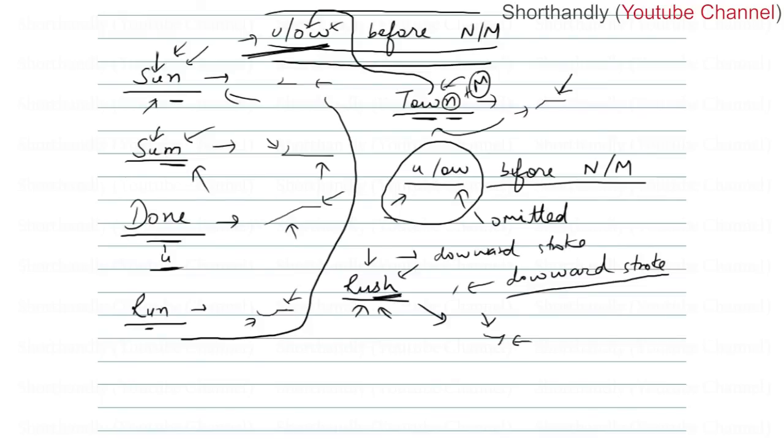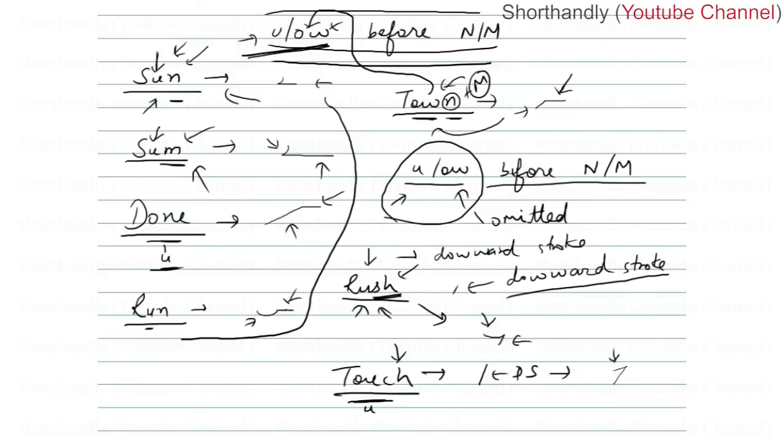Suppose we have another example called touch. If we pronounce it, it goes like touch. Now we have this sound again in this word, and we have this che here. Che is made like this, and this one is a downward stroke. So again we will be making this touch word like this.